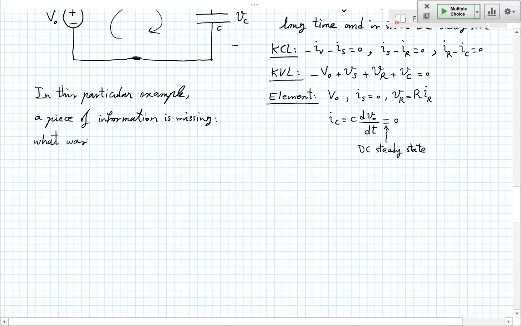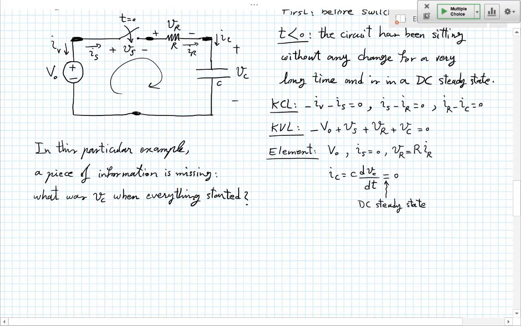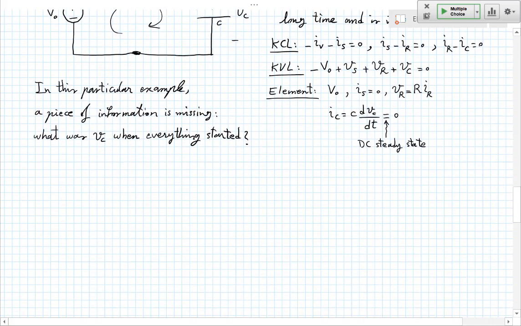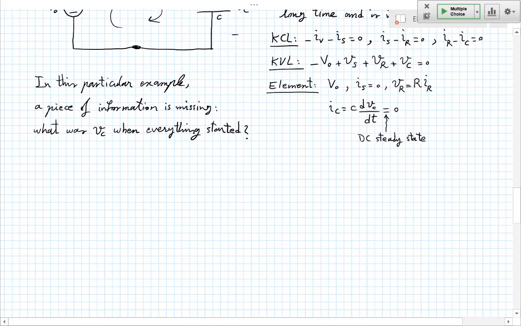What was VC when everything started? Because the current through the capacitor is 0, whatever value of VC you had will stay there, because the voltage will not change. So you need that info.